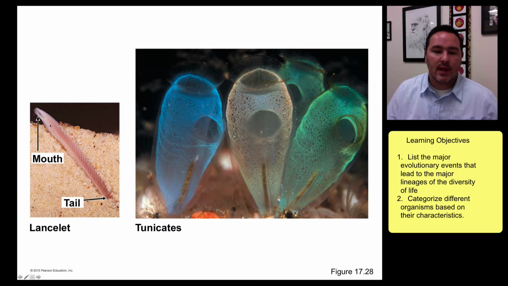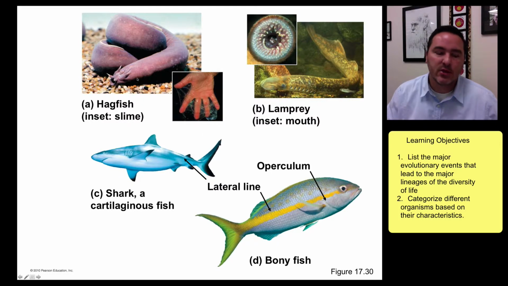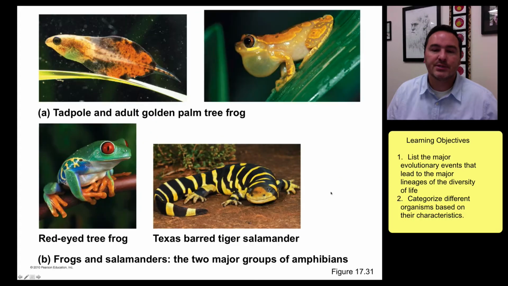And that then led to the evolution down the road to more and more chordates. So then you get things like hagfishes and lampreys. Eventually, the evolution of cartilaginous fish come around, like sharks and rays, and then eventually the bony fish.